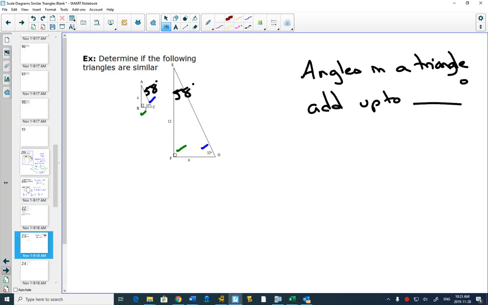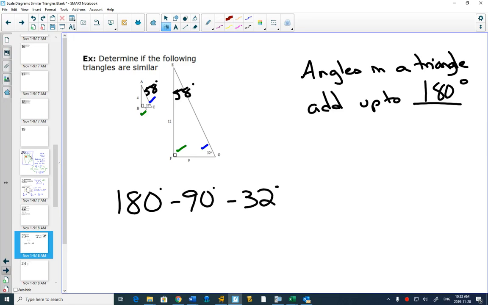Rhymes with abundant and Beatty. 180. Wow, you are amazing. 180 degrees. So if I wanted to find this, I would say, well, 180 is everything. If I subtract the 90-degree angle and I subtract the 32-degree angle, I'm left with 58 degrees. That's how I figured out that the angle at the top is 58 degrees.